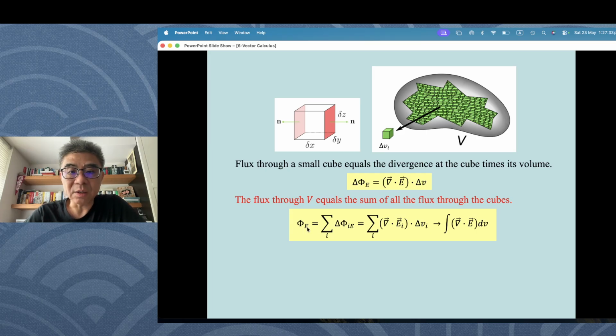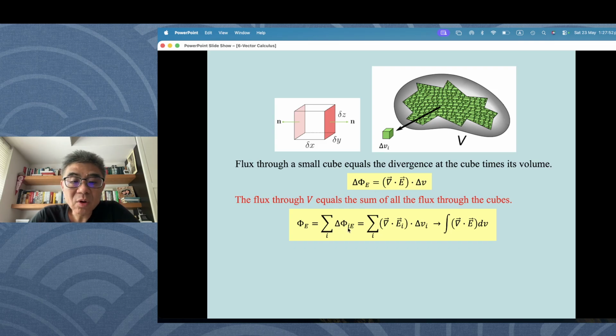So phi E for the whole Gaussian surface equals the sum of the small phi_i E, where i means that we number the small cubes: 1, 2, 3, 4, 5. Of course, it's a huge number. However, theoretically, we can do that.